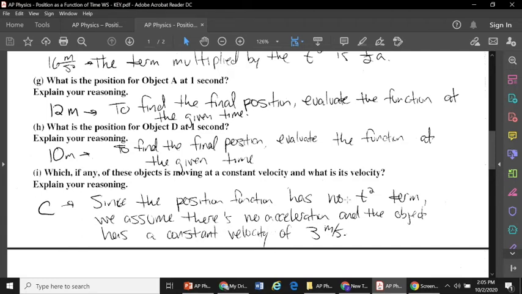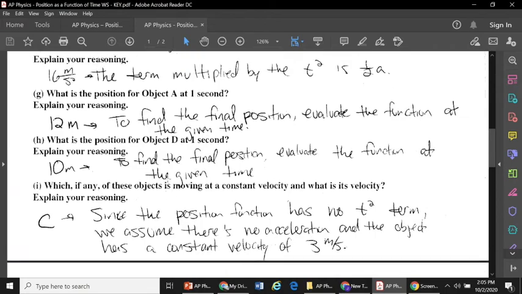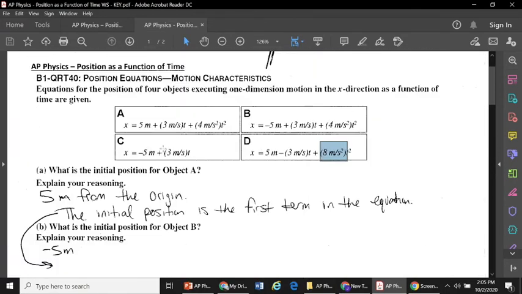So the acceleration was 0, and that's why they didn't write the t squared term. And the velocity is just whatever the initial velocity is, of course, because it's not accelerating.